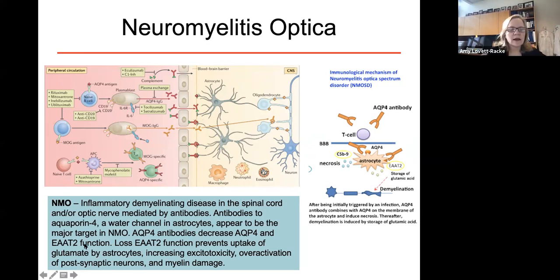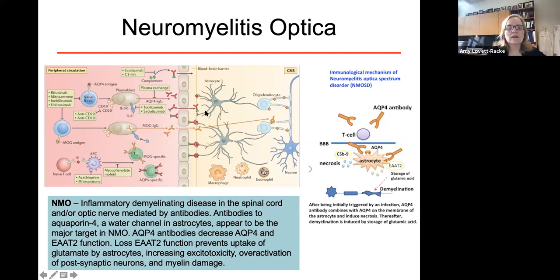This also results in a loss of function of the excitatory amino acid transporter 2. This transporter is important for the uptake of glutamate by astrocytes. And so you end up with this excess glutamate that increases excitotoxicity, the overactivation of postsynaptic neurons, and actually upregulates inflammation and damages myelin. Okay, so you've got this whole cascade of events that all originate from this antibody to aquaporin 4.